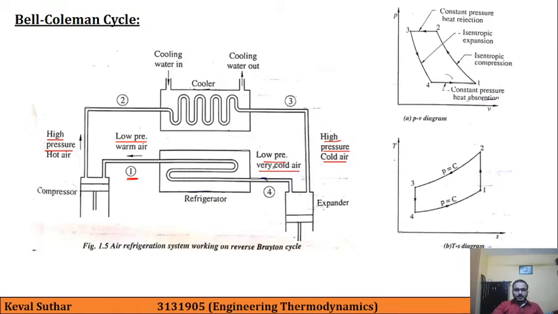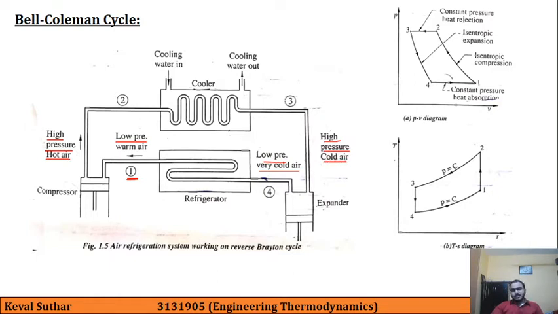After that, it is passing through this refrigerator where it becomes hot at the low pressure. So we will discuss the same. Here you can see that we are having 4 standard components for reversed Brayton cycle or Bell-Coleman cycle. And if you have noticed, the refrigerant or working fluid used in this cycle is air.